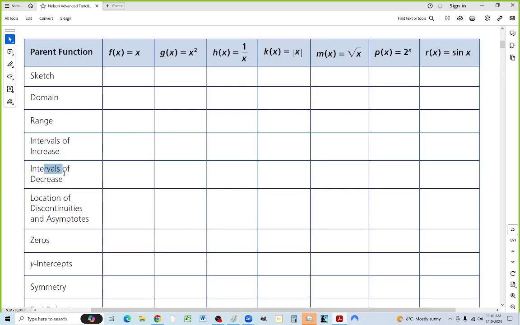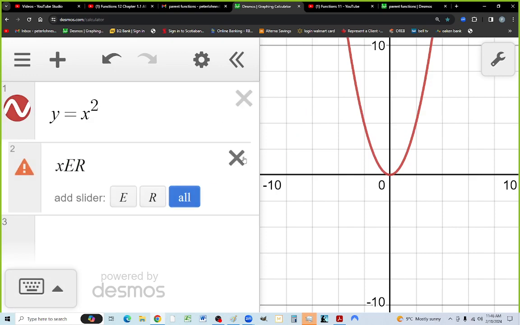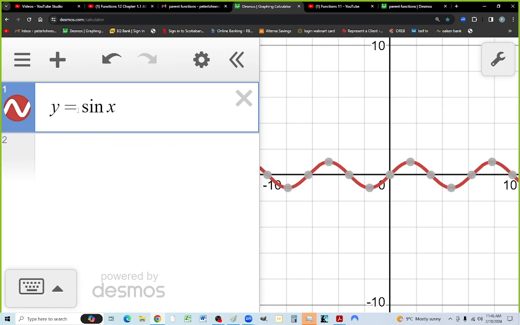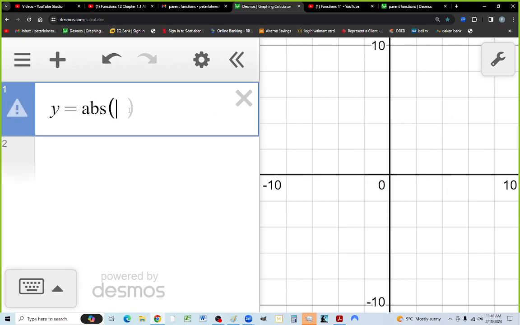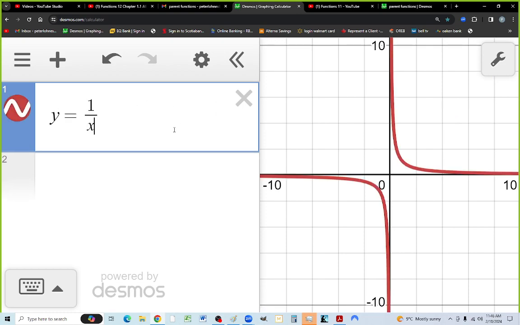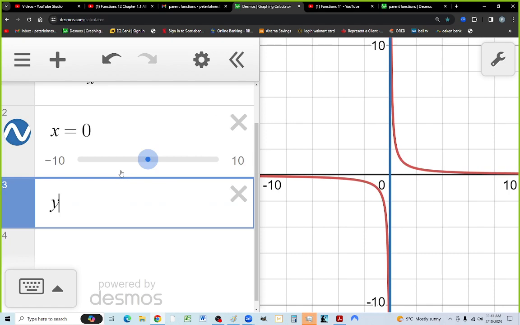So we sort of covered that. It's not too important. Some of these have missing pieces. Well, a parabola doesn't have a missing piece. A sine curve doesn't have any missing pieces. An absolute value function doesn't have any missing pieces. But the reciprocal function has a missing piece right here and right here.